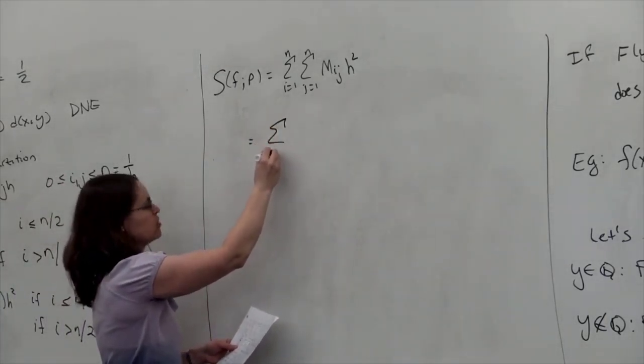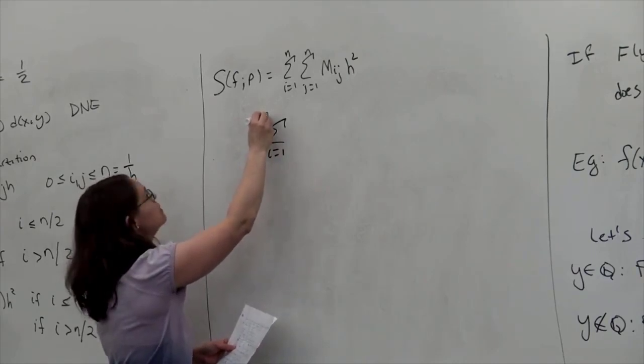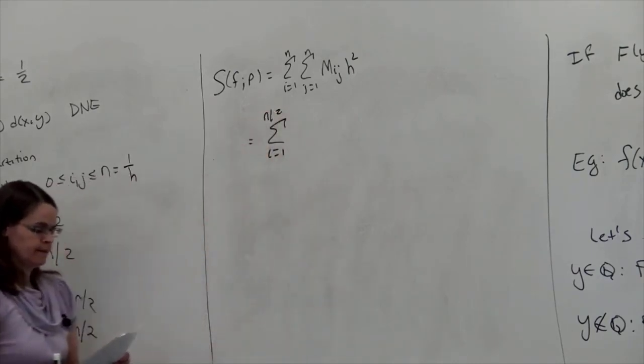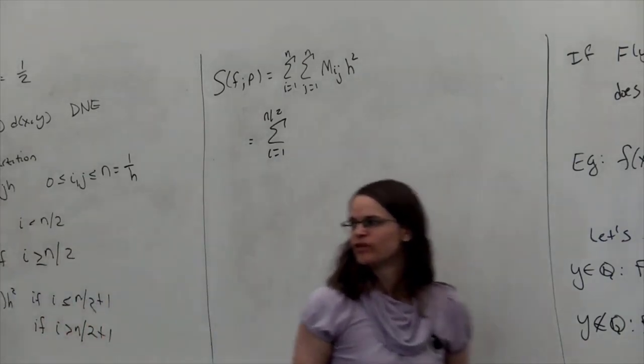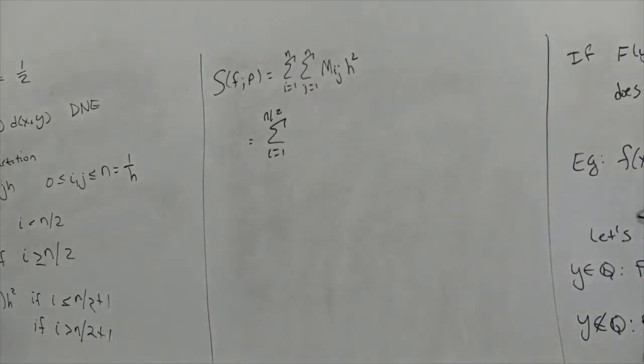So this is going to be the sum from i equals 1 to n over 2. I think that this is less than, and this is greater than or equal to, and this is less than n plus 1. It doesn't really affect the final result in the limit, but just to try to be careful.